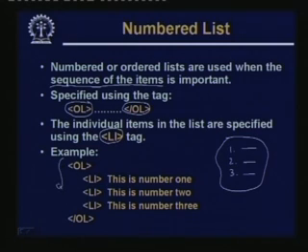So, a simple example of an ordered list or a numbered list will be like this. It will be encapsulated within OL and end OL. Inside that you can have as many list items as you want. So, the way you specify an ordered list is very similar to an unordered list, only that instead of UL you use the OL tag.